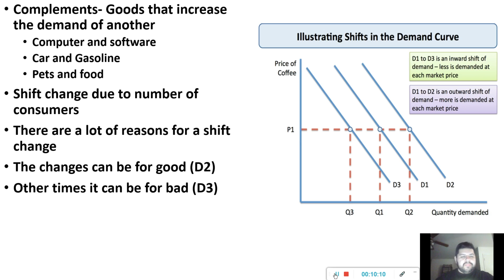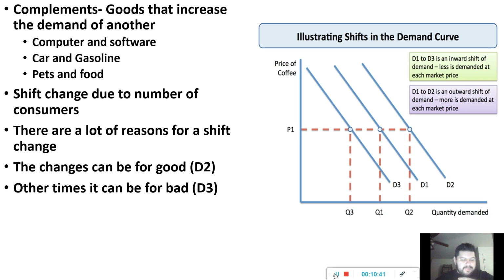Okay. Now shifts can change due to the number of consumers. That happens too. If a particular thing is only going for a particular type of group, that might cause the line to shift left or right. And also, there are a lot of reasons why the demand line would shift to the right, which is good, or the left, which is bad.